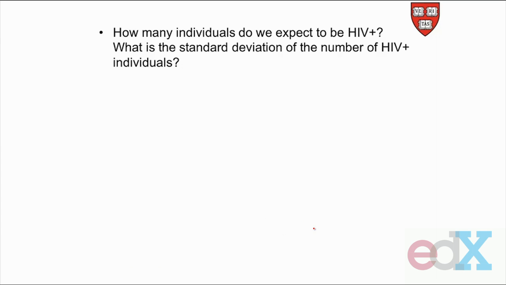How many individuals do we expect to be HIV positive, and what is the standard deviation of the number of HIV positive individuals? To do those calculations, we would say the expected value of x is equal to n times p, which is equal to 500 times 0.178. Doing that calculation, we find that we would expect on average 89 individuals to be HIV positive.